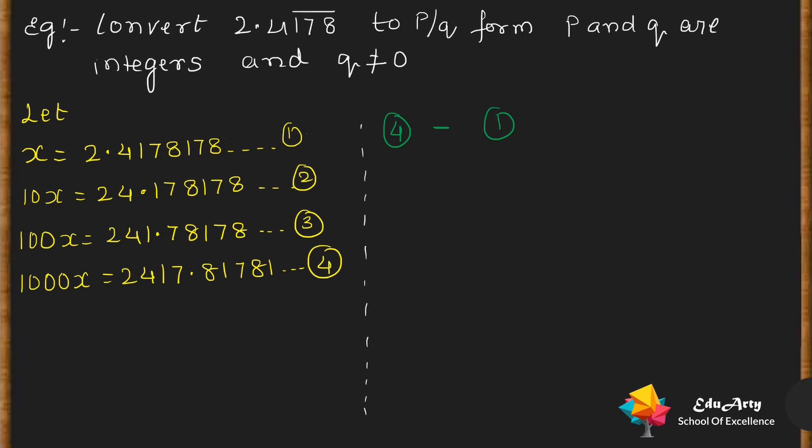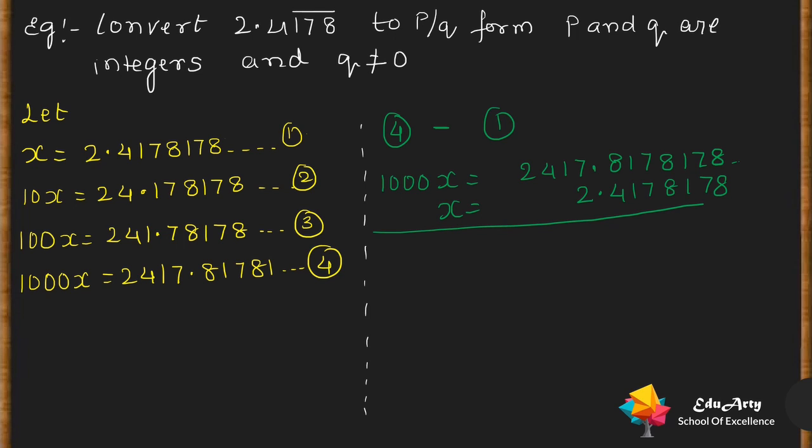See, because this is going to be 1000x that we got as 2417.81781, like this, correct? It will continue. And here what you got, here we have x is equal to 2.4178. I'll write here. Okay, so x is equal to what? 2.417878, correct?